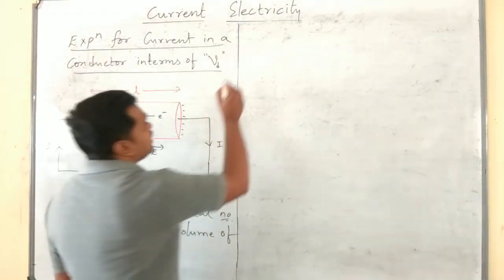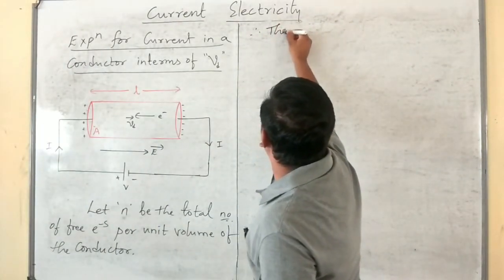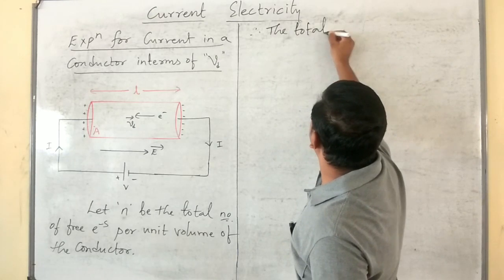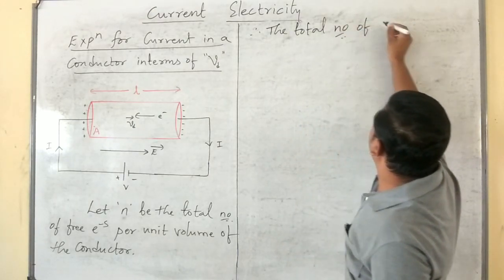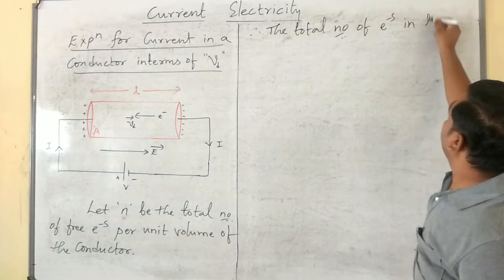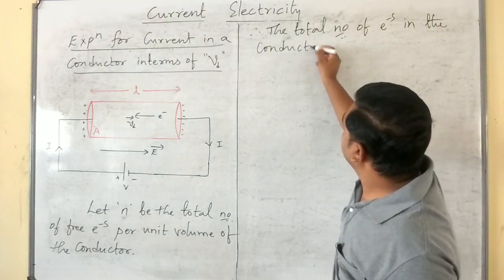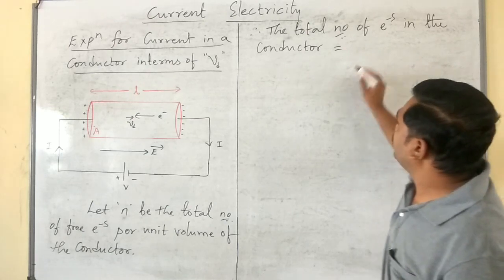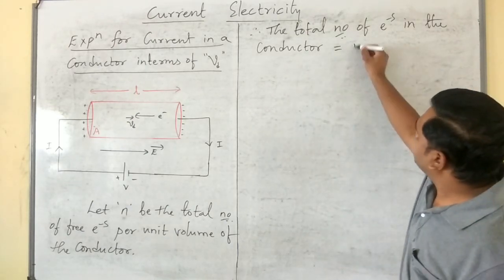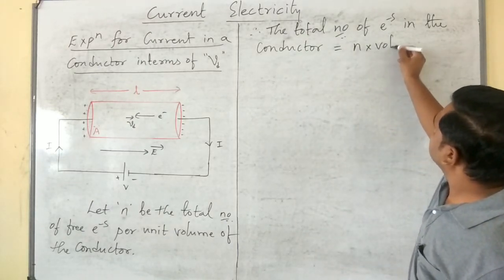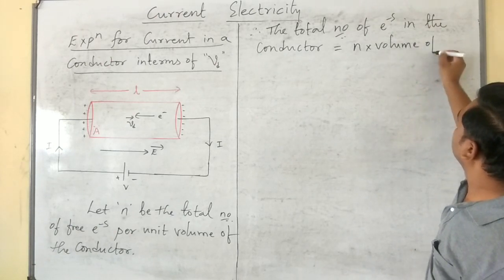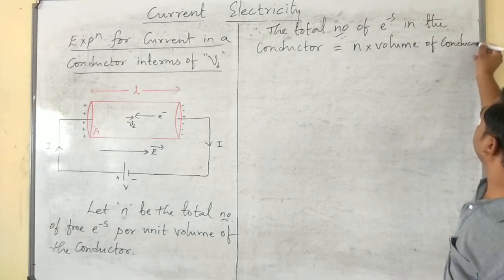Now, therefore, the total number of electrons in the conductor is equal to n multiplied by the volume of the conductor, isn't it?